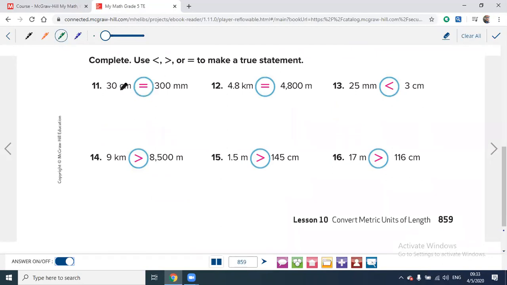As you see, number 11, I have centimeter and millimeter. You have to change one of them to be like the other one. So centimeter, you have to change it to millimeter. 30 centimeter equals how many millimeter? I have to multiply 30 by what? 1 centi, how many milli?